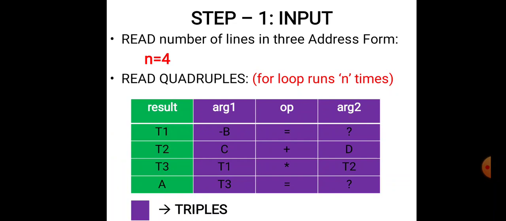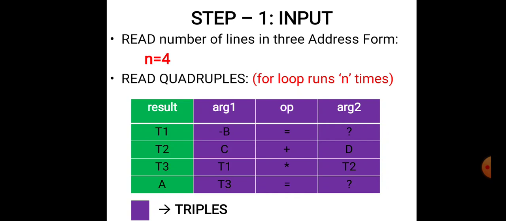And in the quadruple, the last 3 columns, that is argument 1, operator, argument 2, this part is also named triples, for your information. So this is the input part of program 5.